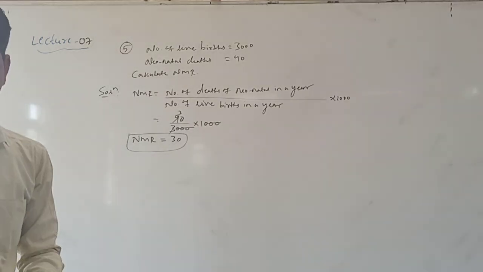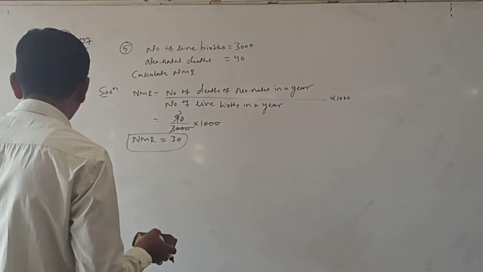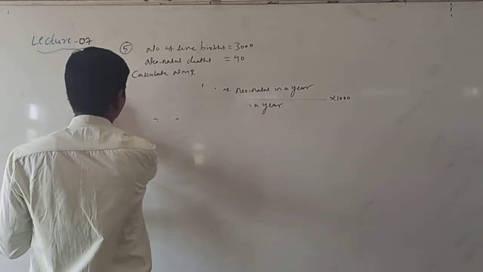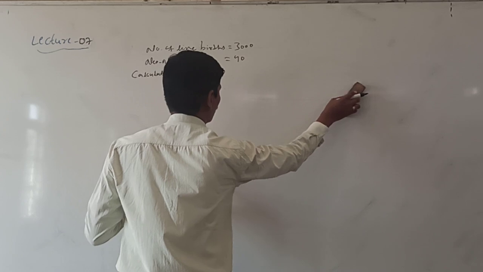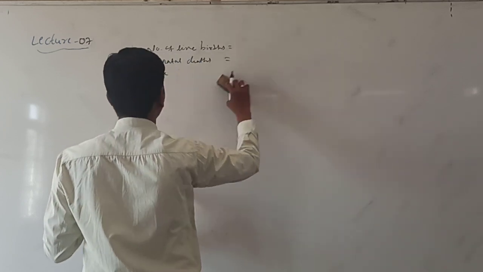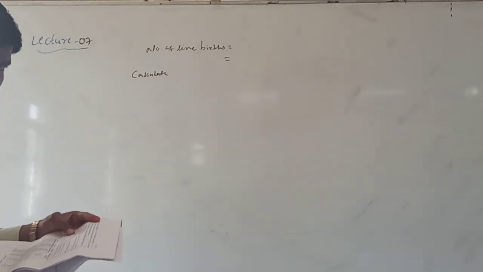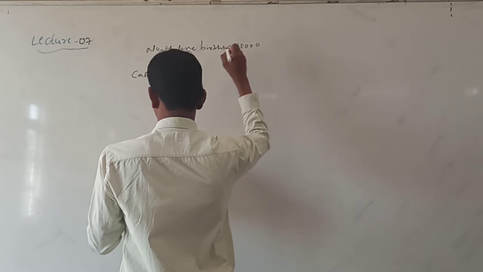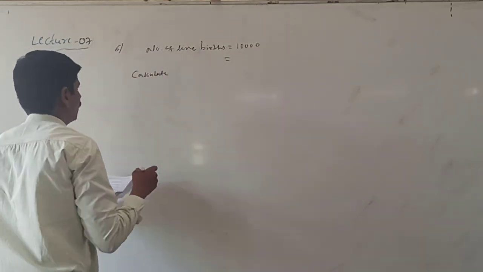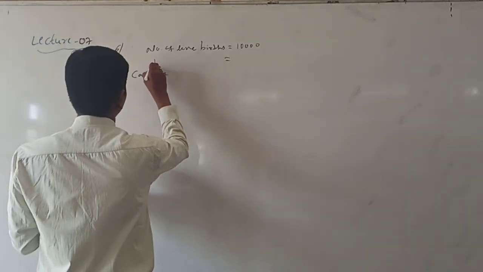The next question, sixth one. In a locality, 10,000 live births occurred, number of live births 10,000, and infant deaths was 500.